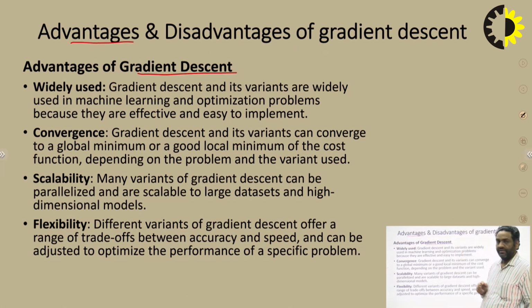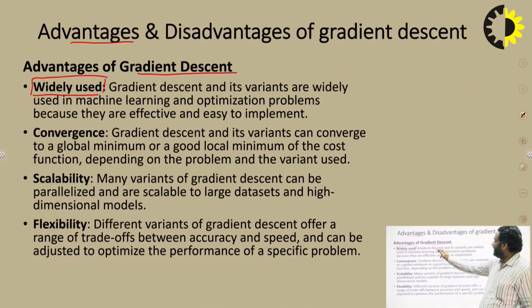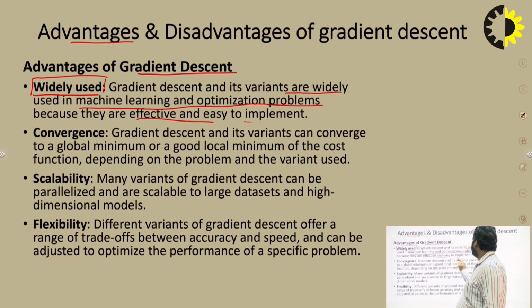So, what are the main advantages of gradient descent? It is very, very useful, or we can say it is widely used. Gradient descent and its variants are widely used in machine learning and optimization problems because they are effective and easy to implement.